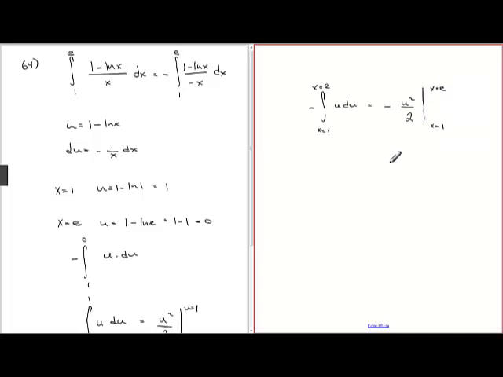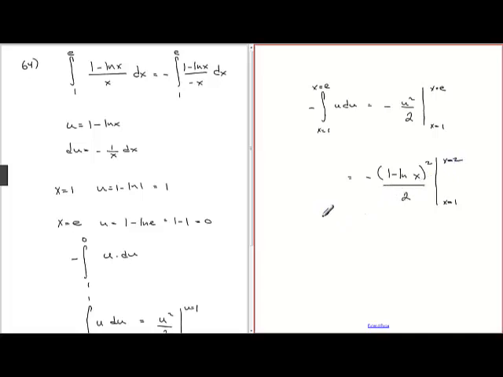Now I would stick back in u. U would be equal to 1 minus the natural log of x, squared divided by 2. And that would be evaluated between x equals 1 and x equals e. So we can evaluate the limits now because the limits are in terms of x and the equation is in terms of x.